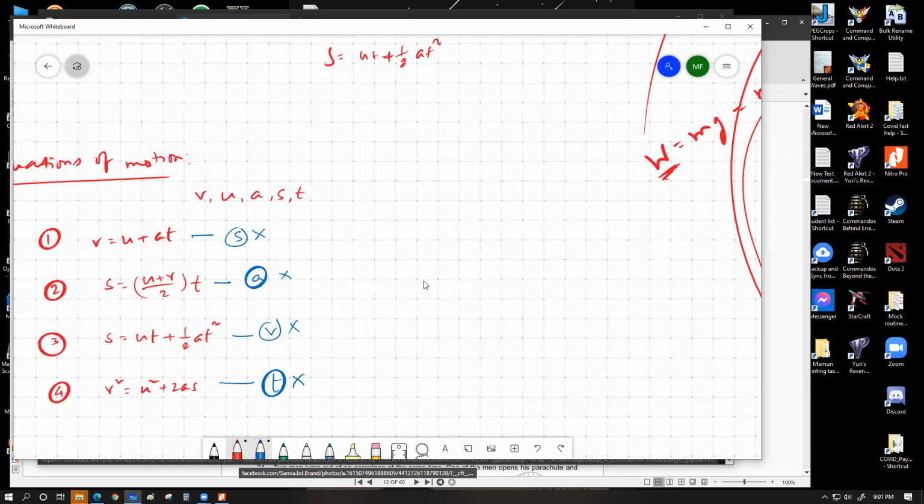Let's say there is a question that goes like this. Let's say a normal question. It says that a train moving at, let's say, 120 kilometers per hour decelerates to 30 kilometers per hour in half an hour.